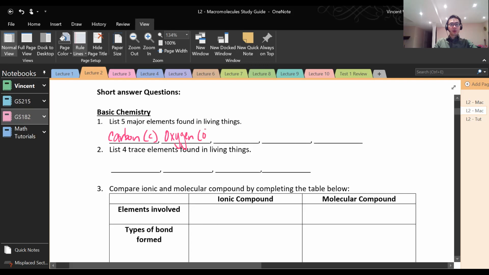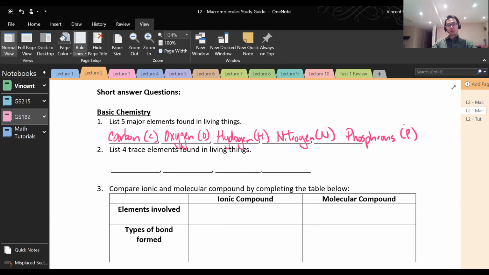The symbol for oxygen is O. Hydrogen. Nitrogen. As well as phosphorus. These are the 5 major elements that are common in all living things, including humans.